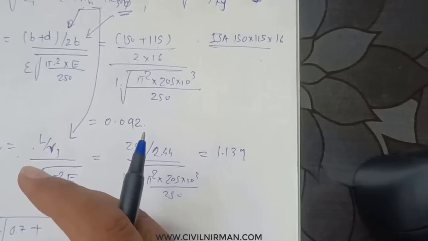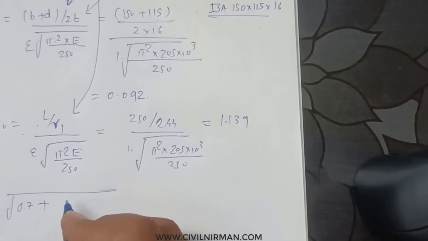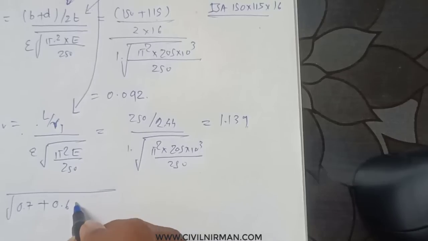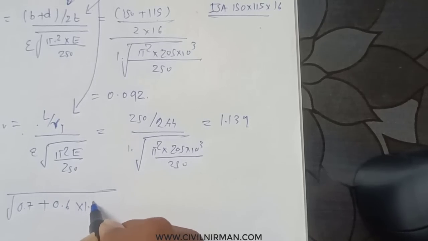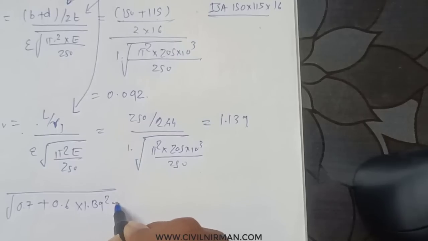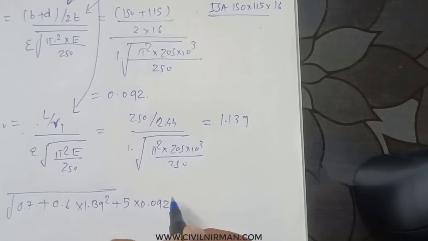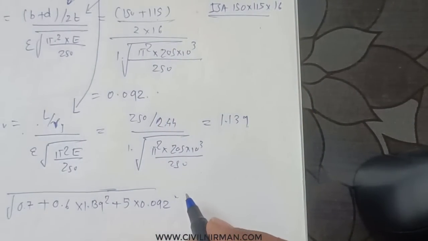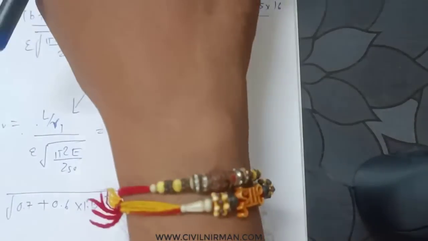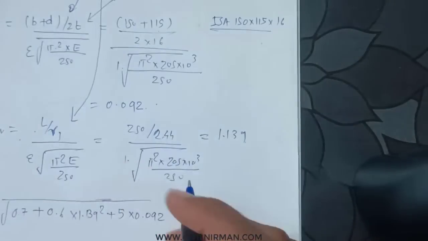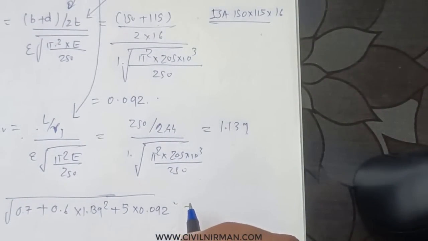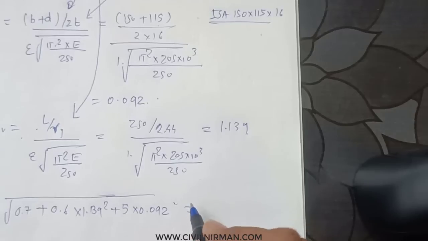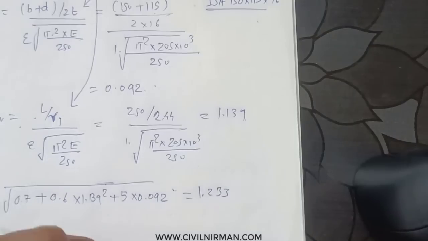All these parameters: K1, then we have K2 0.6 and K3 will be 5. This value we have already got, 0.092 and 1.139. So if I calculate this, I am getting the value as 1.233.